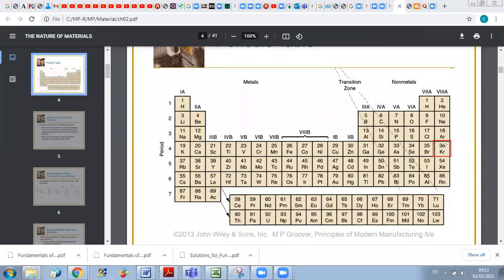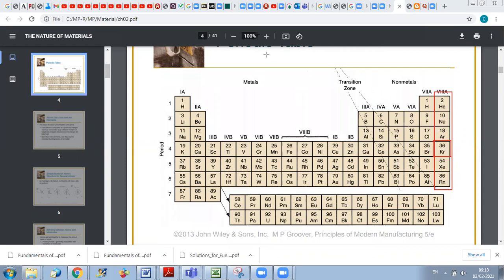It's 8 electrons. Since it already has 8 electrons in its outer orbit, it's in a stable state. This is why we say that the elements in group 8A are noble gases. They don't need to interact with any other atoms because they are already stable.